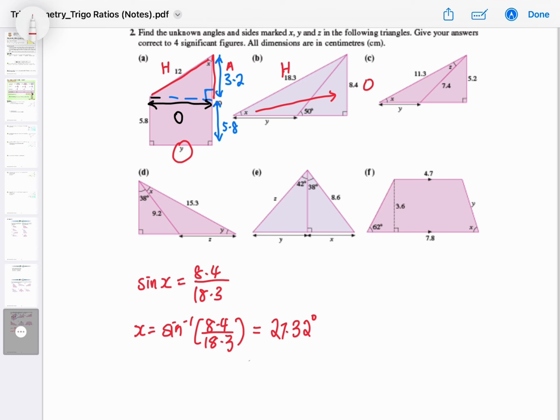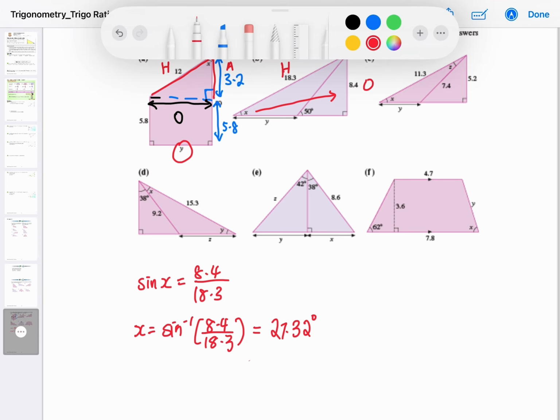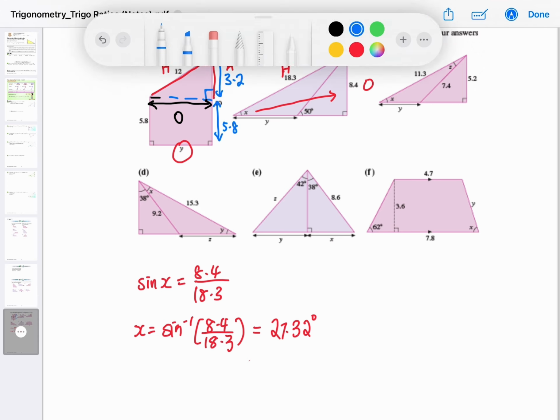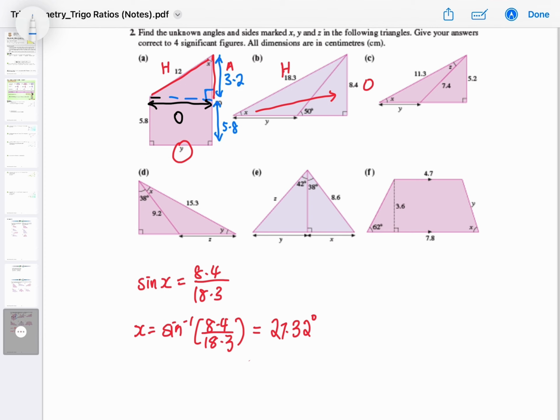Now I'm looking at y. When we look at y, we might want to think about this whole length instead. Given A and H, I can say that cosine of x, which is cosine of 27.32 degrees, equals the big A over 18.3.